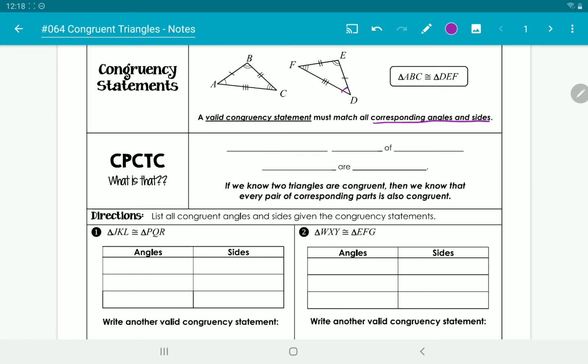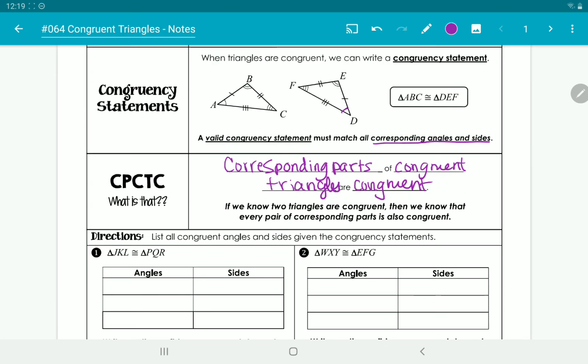So CPCTC: corresponding parts of congruent triangles are congruent. Okay, so corresponding parts.